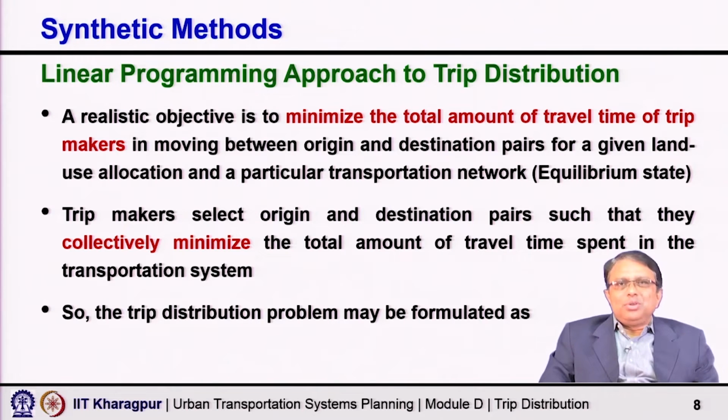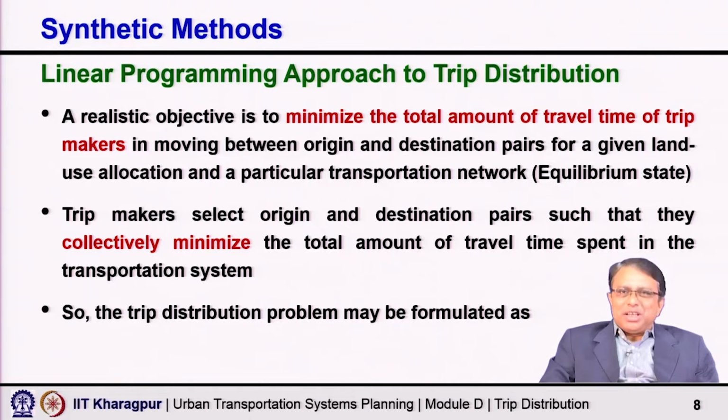Then we also have another approach for modeling, called the linear programming approach. What we do in this case is based on a basic assumption: trips get distributed in such a manner that the total amount of travel time of all trip makers moving between origin and destination pairs, for a given land use allocation and a particular transport network, is minimized.